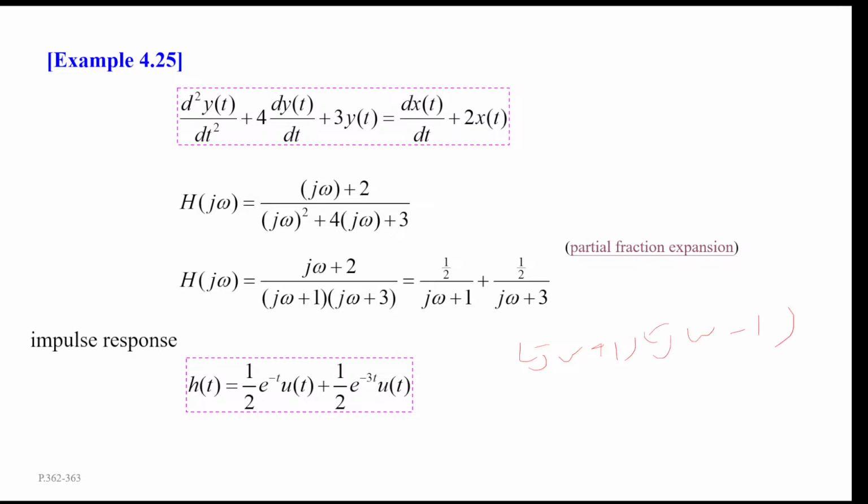Then we don't have a Fourier transform for 1 over j omega minus 1 yet, because if you put plus 1 here, then you get e to the t u of t, and that's not a convergent Fourier transform. Those things will be dealt with later.